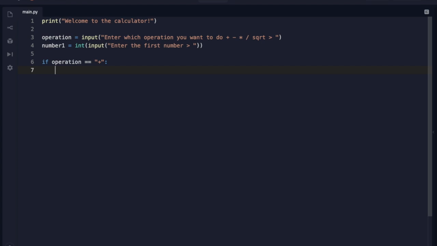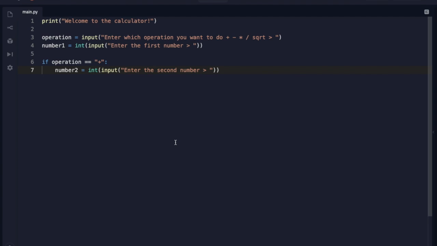And then we're going to put a colon so we can make stuff inside the if statement, and that stuff is number 2, which is going to be equal to input, "Enter the second number."